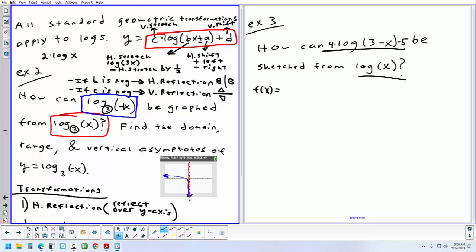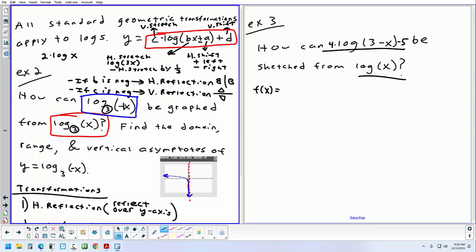Right. How should inside the parentheses be written? Right. The x should be first. So how should we rewrite that? It should be negative x plus 3. Right? You don't want to think of the 3 as the horizontal stretch, which is always supposed to be the first thing you see in parentheses.